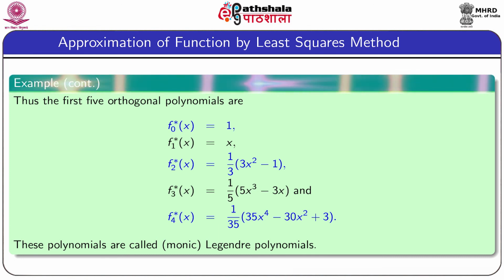These polynomials are called the monic Legendre polynomials. Note that the leading coefficients for all these polynomials are 1, that is why they are called the monic Legendre polynomials.